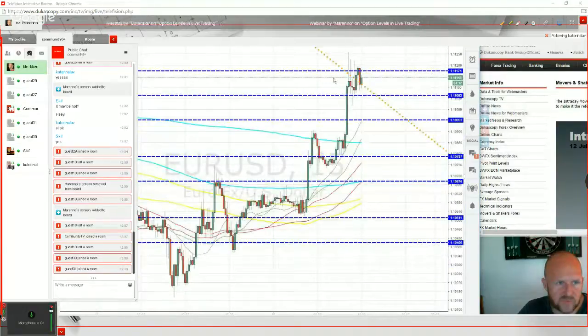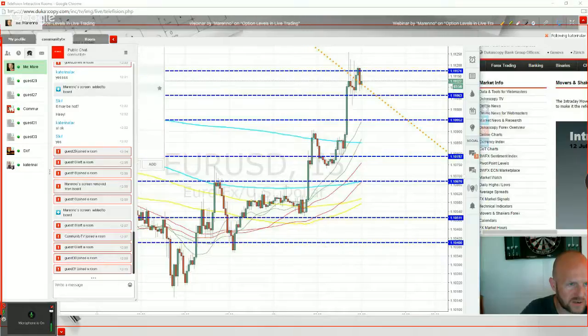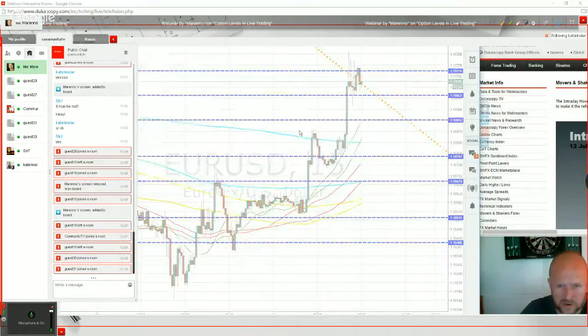So it's euro dollar. As you can see, we are at the resistance level at the moment. The bounce is highly possible. I can switch to the 4-hour chart just in case to have a look at what is happening on the bigger picture.